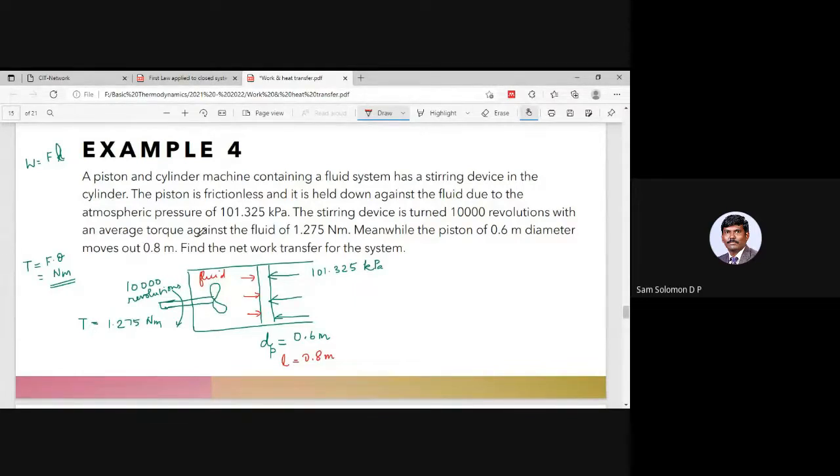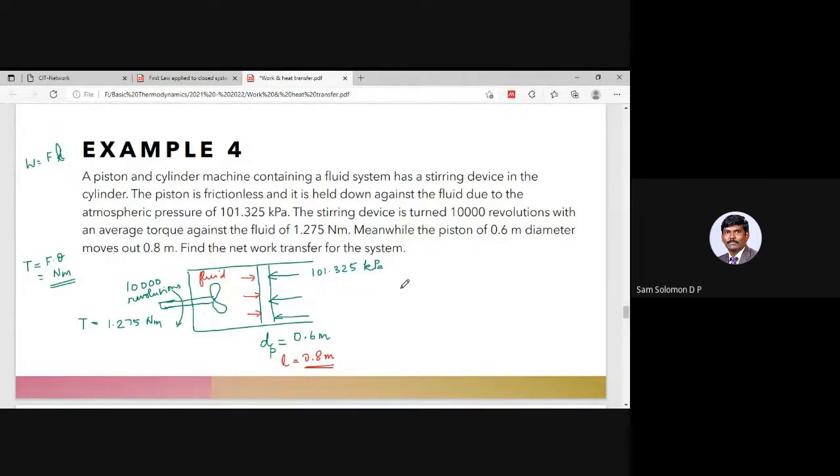That is not being given clearly, but somehow this stirrer is rotating and doing some work on the fluid. The energy level of the fluid is increased, and that fluid is pushing this piston in the opposite direction by about 0.8 meters. And now they want us to find the net work transfer for the system.